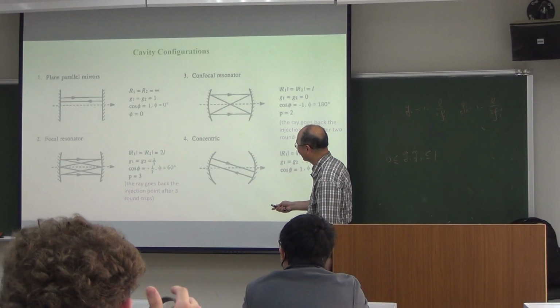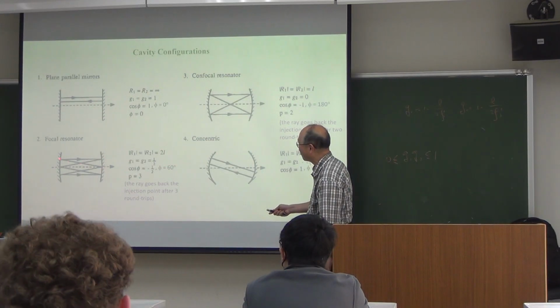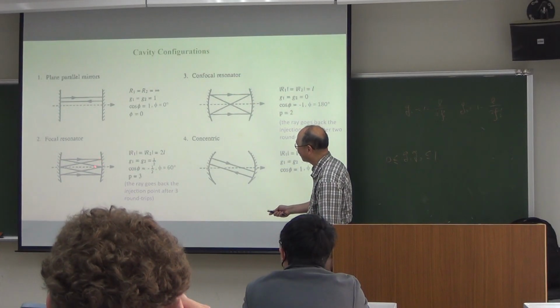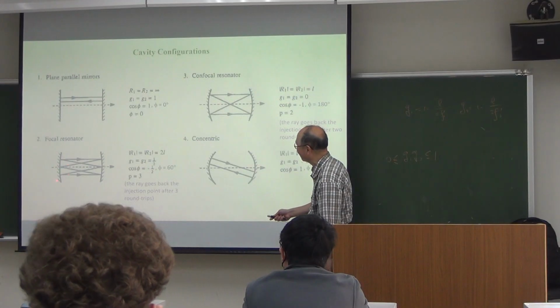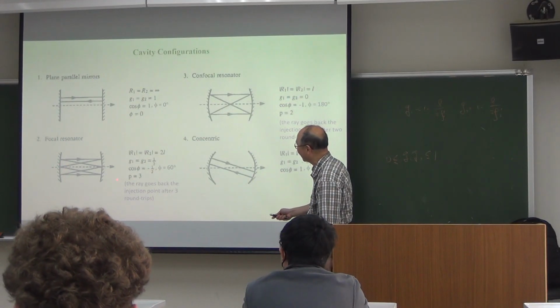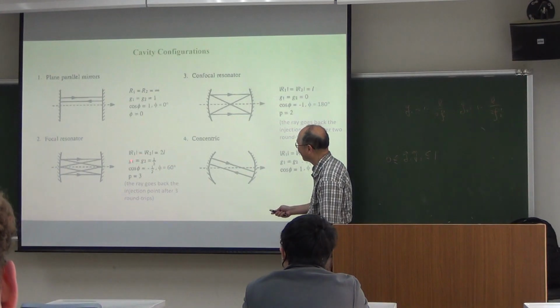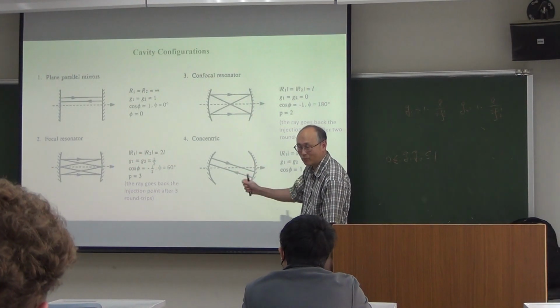After the sixth round trip, you have 360 degrees. You go back to the same location. But then, if you project all those dots to this, then you just look into the location of the beam on the mirror. Then the period is 3, just half of the period, because when we calculate the increment of n, it is one way.